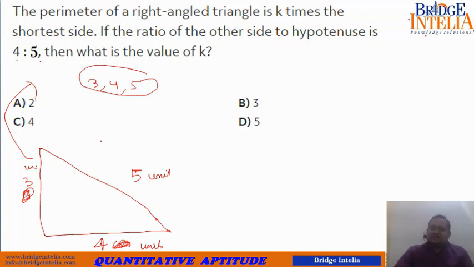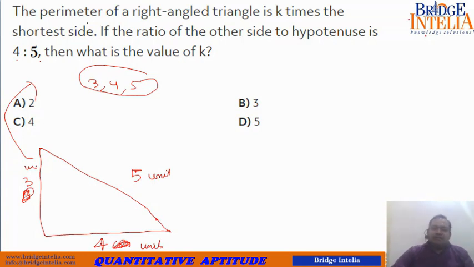So I can say to the question setter that though you have not told me which triangle, now I think I know what triangle you are talking about, because 3, 4 and 5 satisfy the facts that you are telling me.